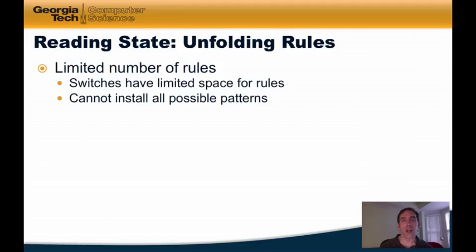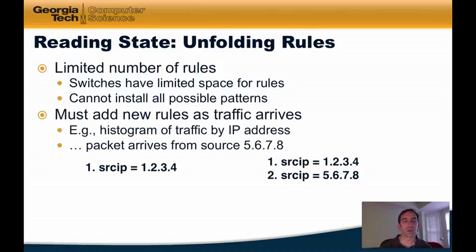Another challenge in reading network state is that there are a limited number of rules that can be installed in the switch. Switches have limited space for rules, and we cannot install all possible patterns. For example, suppose we would like to monitor traffic in a way that allows us to produce a histogram of traffic volumes according to IP address. It clearly does not make sense to create a rule for every IP address.